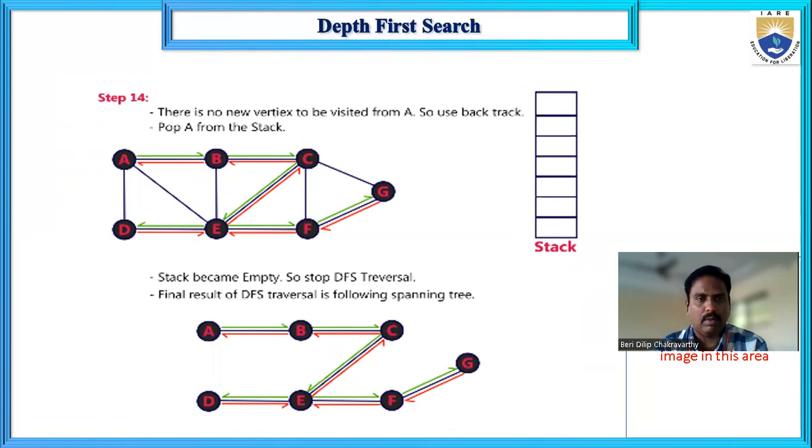In this way I traverse using a stack, depth first. I hope it is clear. What we are doing is visiting a node which is not visited and adding it to the stack. From there again I visit any node which is not visited.